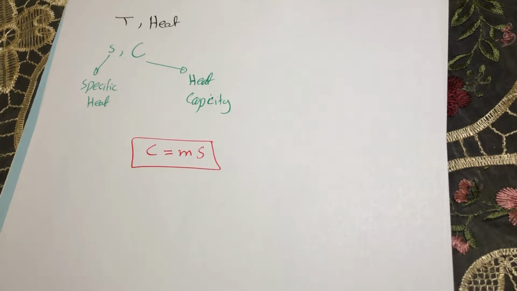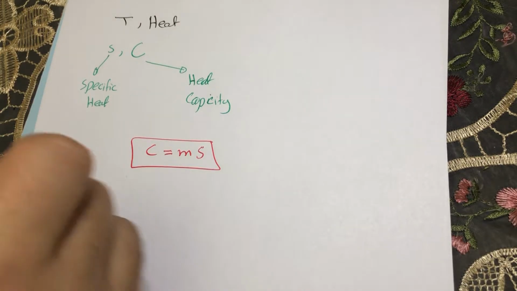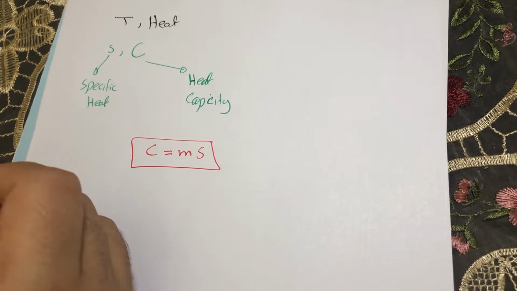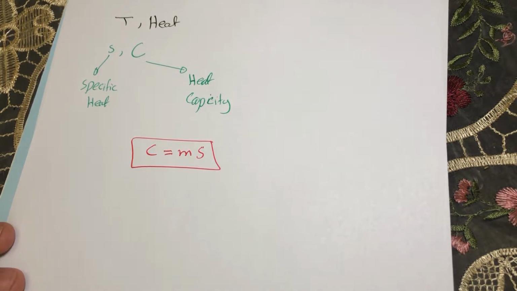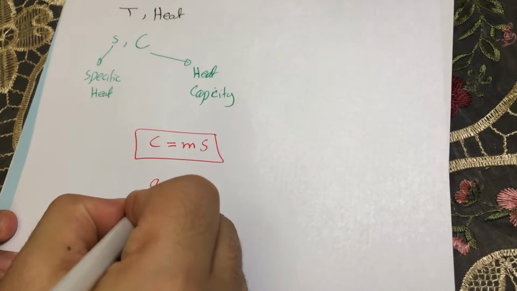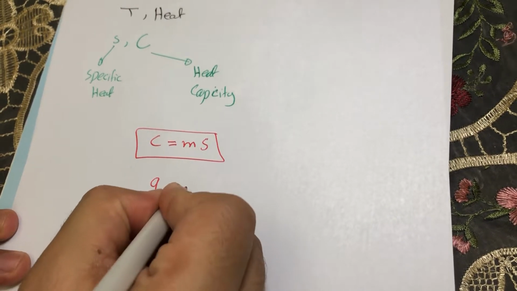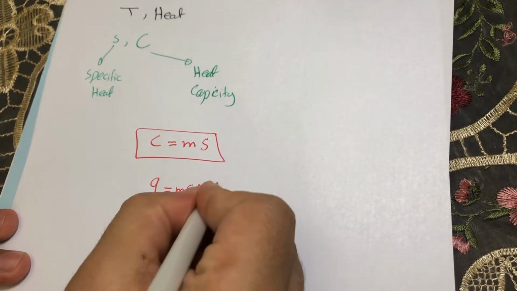If we know the specific heat and the amount of substance, then the change in the sample's temperature, delta T, will tell us the amount of heat, Q, that has been absorbed or released in a particular process. The equation for calculating the heat change is given by Q equals m s delta T.